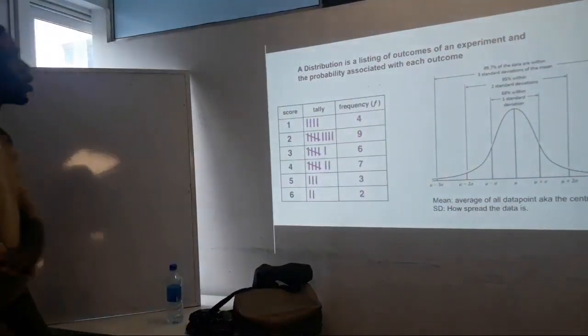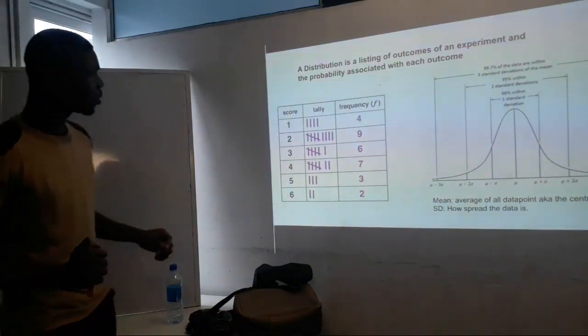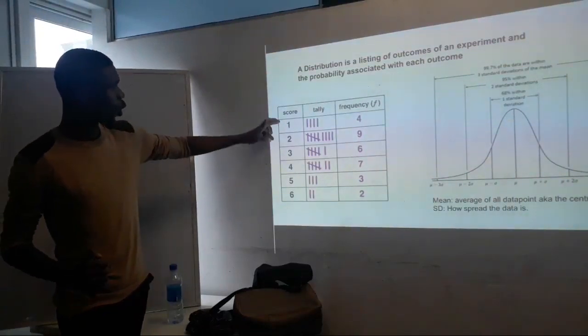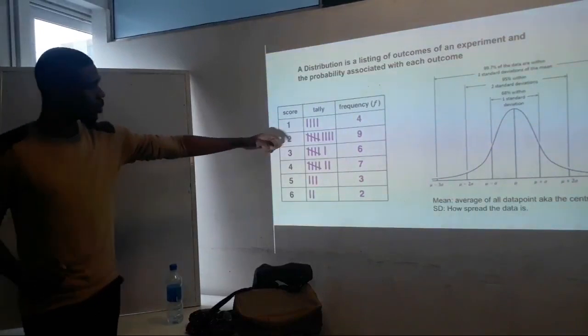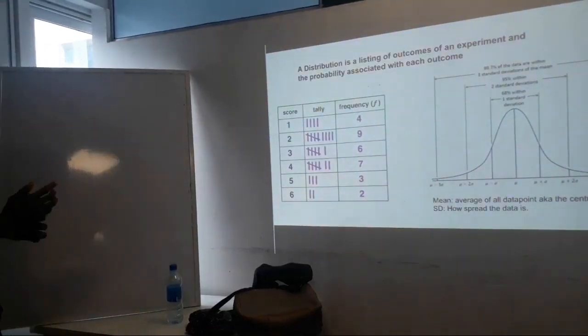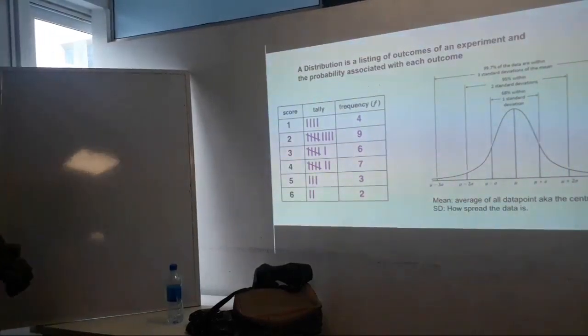So a distribution is a listing of outcomes of an experiment and the probability associated with each outcome. So for score 1, this is the frequency. For 4, 2, this is the frequency. 9, up to the last one, 6, this is the frequency. 2.